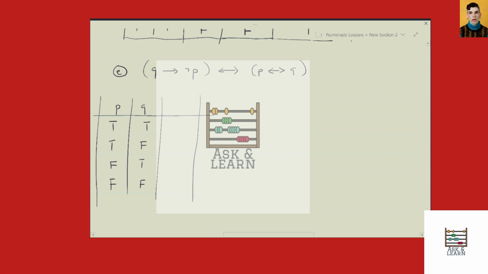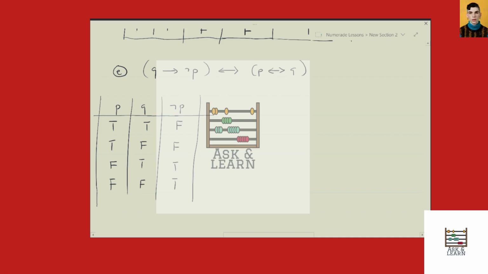All right. So we equally need the negation of P. Negation of P is false when P is true, and it's true when P is false.